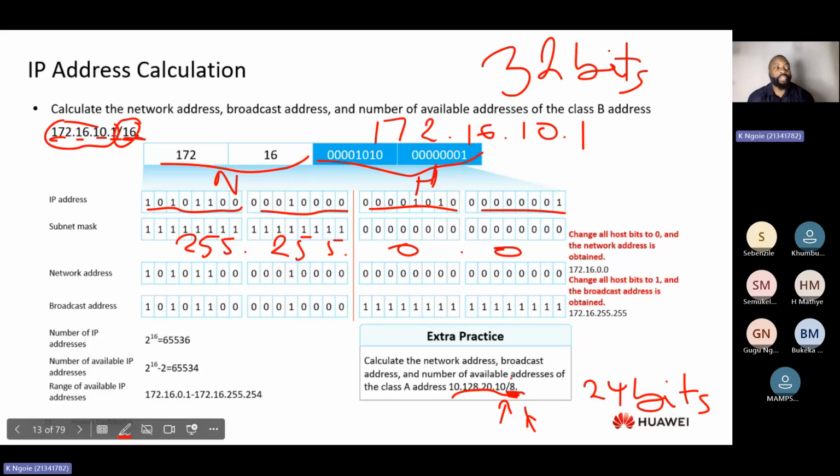So the network IP here, obviously, what is this, guys? Can anybody tell me what will be the network IP? The full network IP? 172. Yes, give me the full IP. You're on the right track.